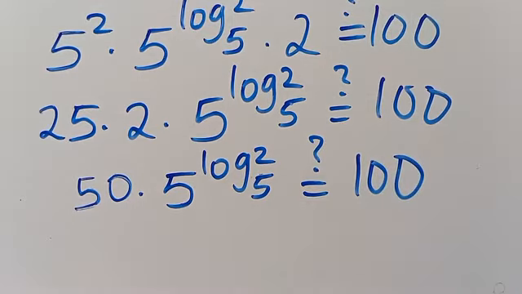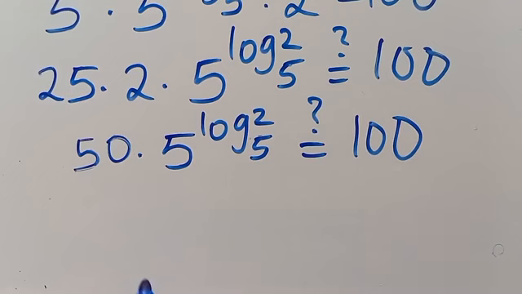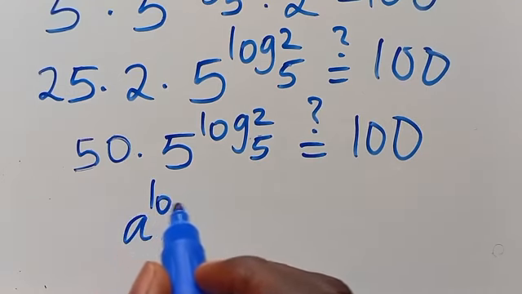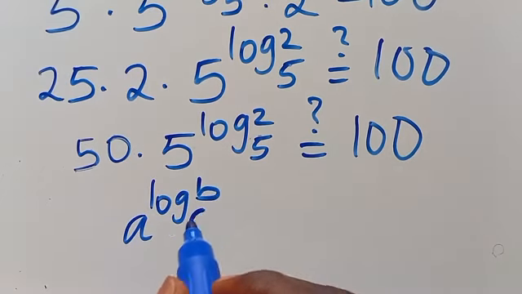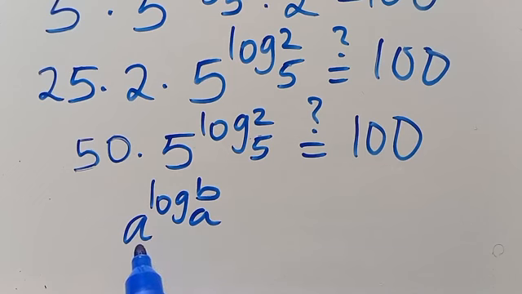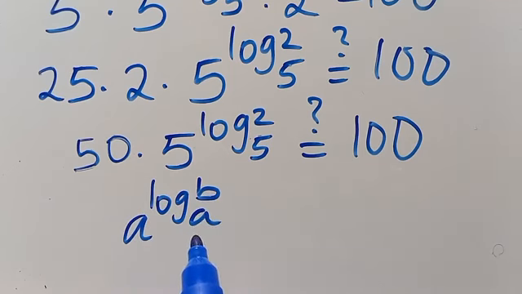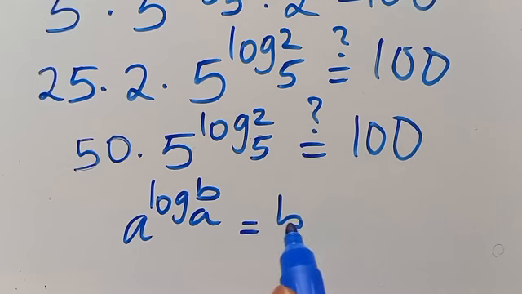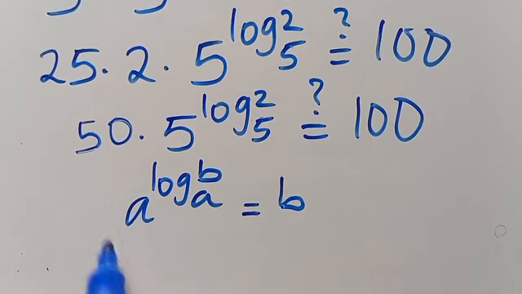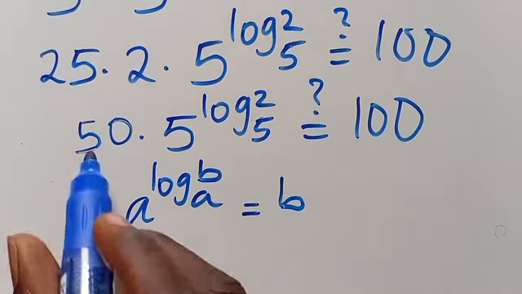So recall, anytime that we have a raised to the power of log b in base a, where this base and this base are the same, the output of this expression always equals b. So likewise for this one. The output of this expression will be, let's write this one first, 50.